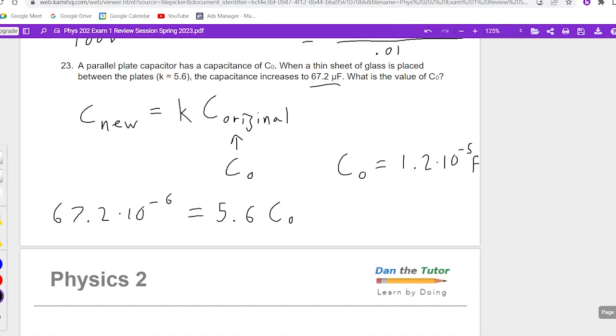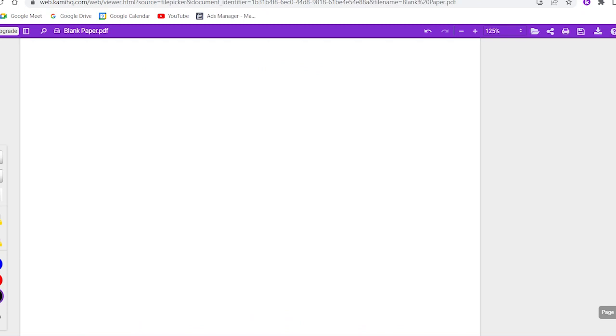And in case you wanted to convert that to microfarads, because we can do that, you would just take your answer, which was 1.2 times 10 to the minus 5th, and multiply that by 1 times 10 to the negative 6th farads in 1 microfarad. There's the conversion factor.